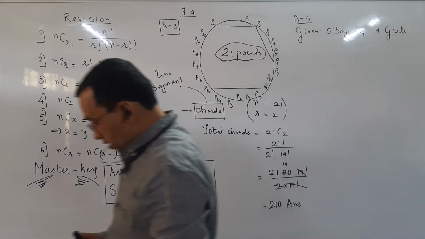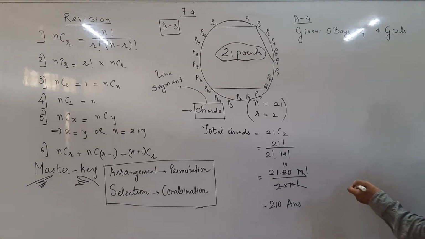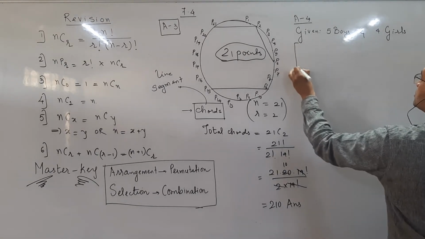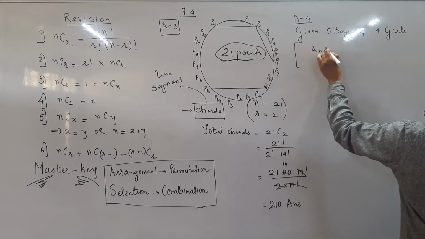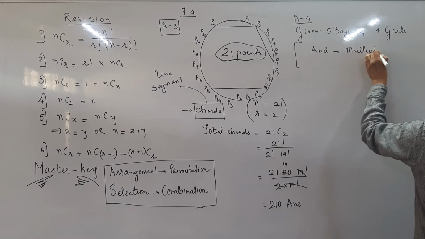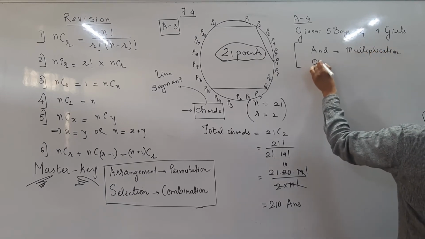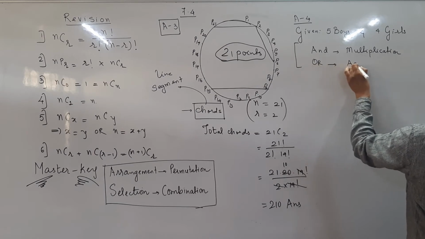Now another important concept of permutation and combination is the AND OR theorem. Students, AND indicates multiplication, OR indicates addition.